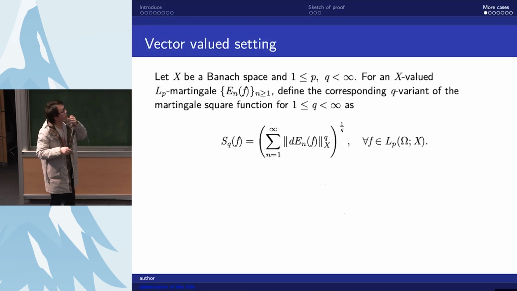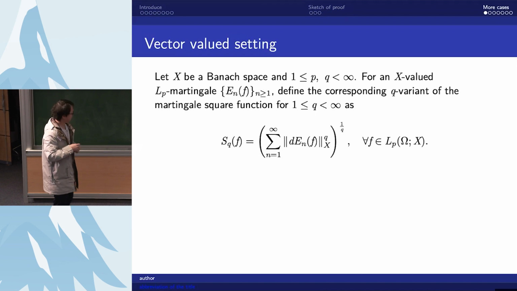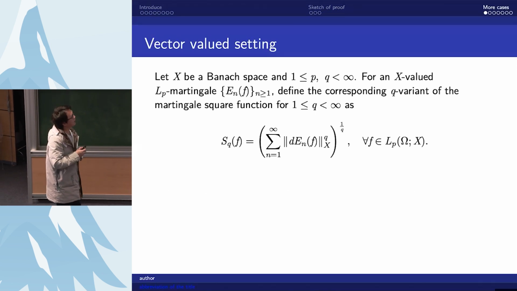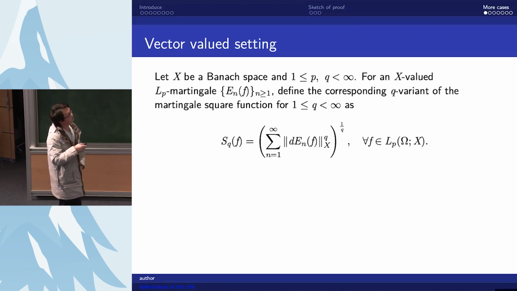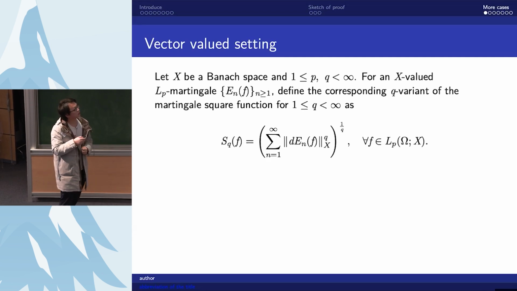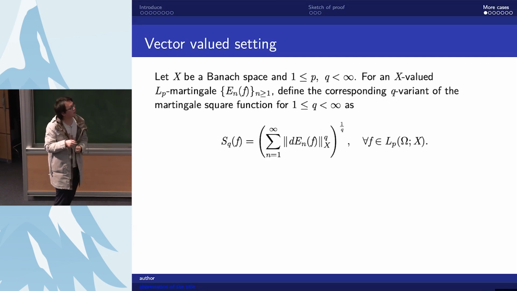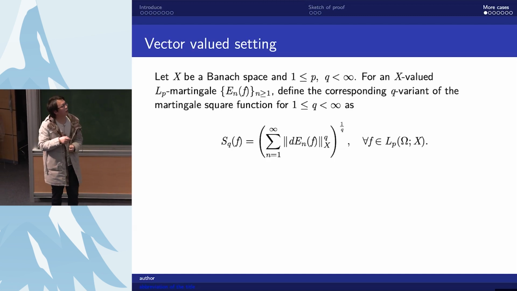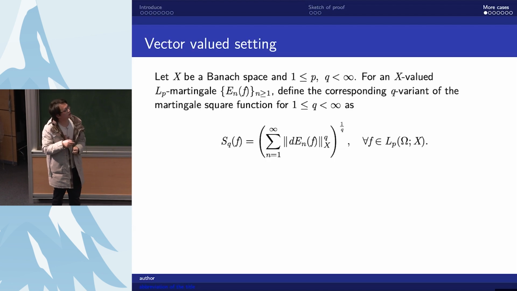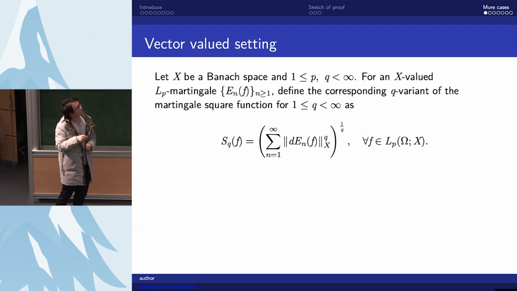For the vector valued setting, X is a Banach space, P is bigger than 1, and Q is at least 1 and less than infinity. For an X-valued LP martingale EnF, we can define the corresponding Q variant of the martingale square function, for Q at least 1 and less than infinity, as SQF.